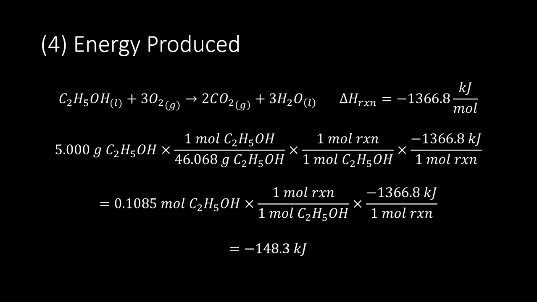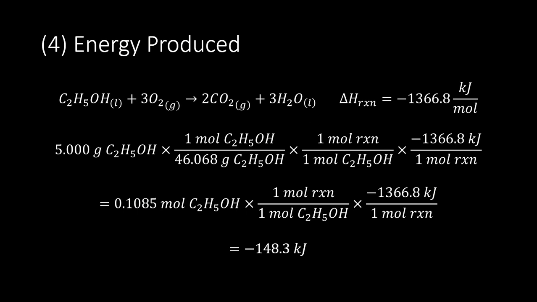Also, something that we can note is, since we already calculated the mole amount of ethanol from 5 grams of ethanol in part 3, we can just skip the first half of that long equation and replace it with 0.1085 moles of ethanol, and then continue forward by multiplying by 1 mole of reaction per 1 mole of ethanol times the enthalpy.